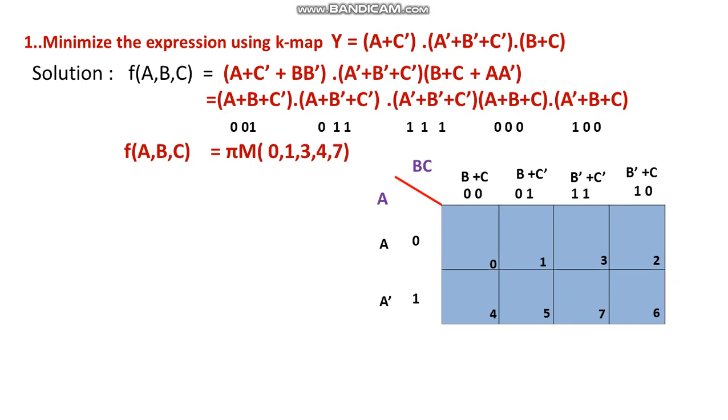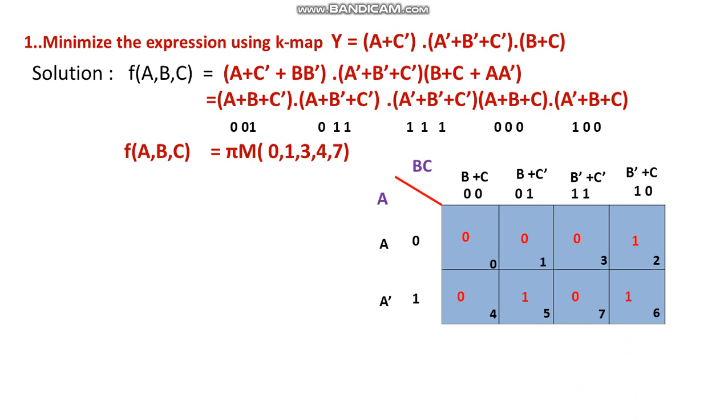Now, corresponding to your POS expression, I need to fill the cells with the zeros, right? So in cell number 0, 1, 3, 4, 7, I should fill zeros. In remaining cells, I should fill ones. Okay, right? I have filled the zeros, and in remaining cells, I should fill the ones.